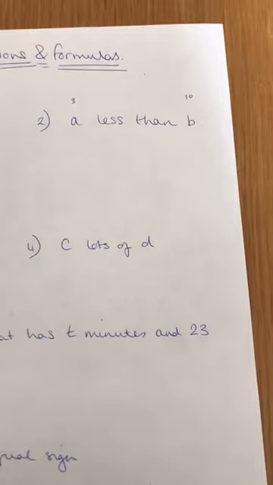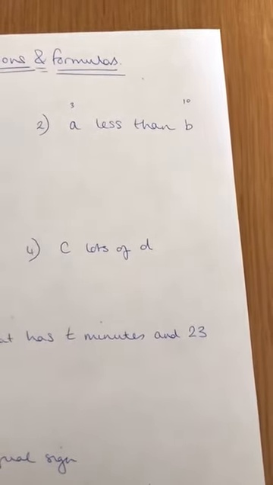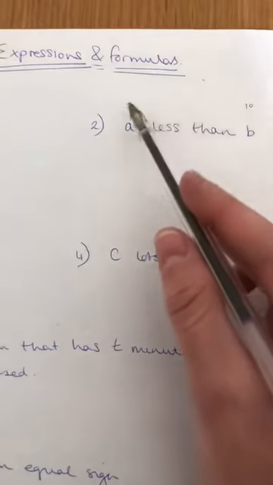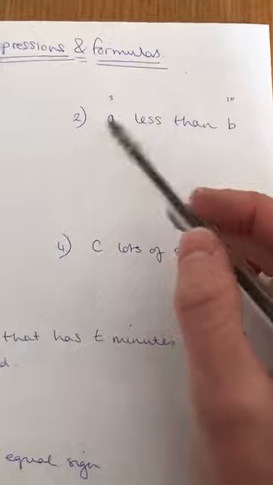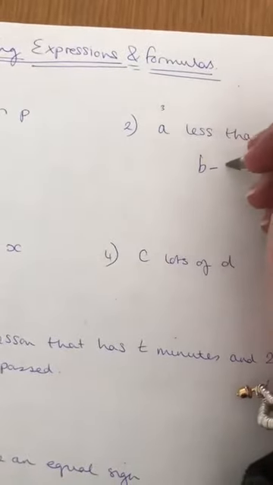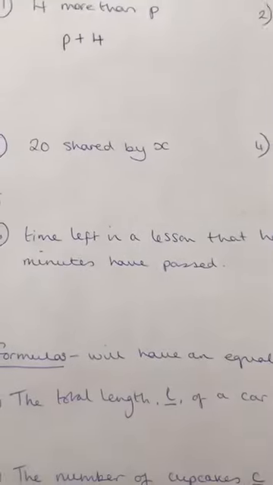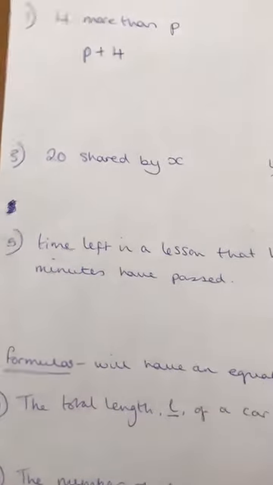In your head, you would do 10 take away 3. So you know then the order needs to be 10 take away 3, but again replace it back with B take away A, and that's your expression.